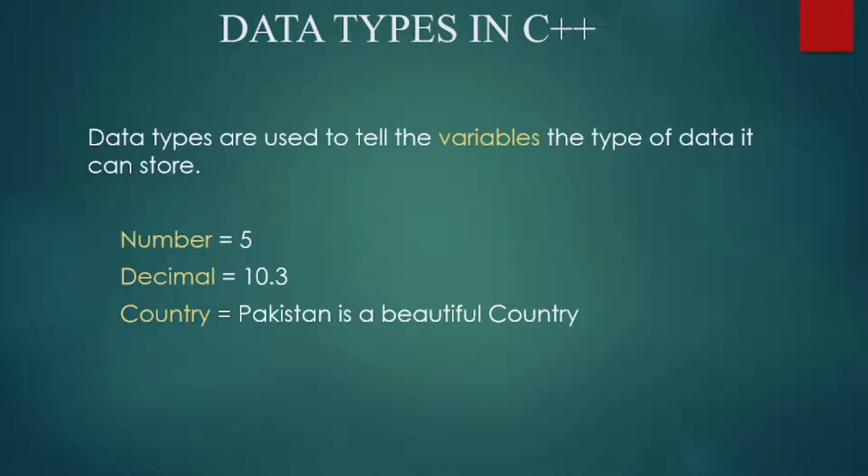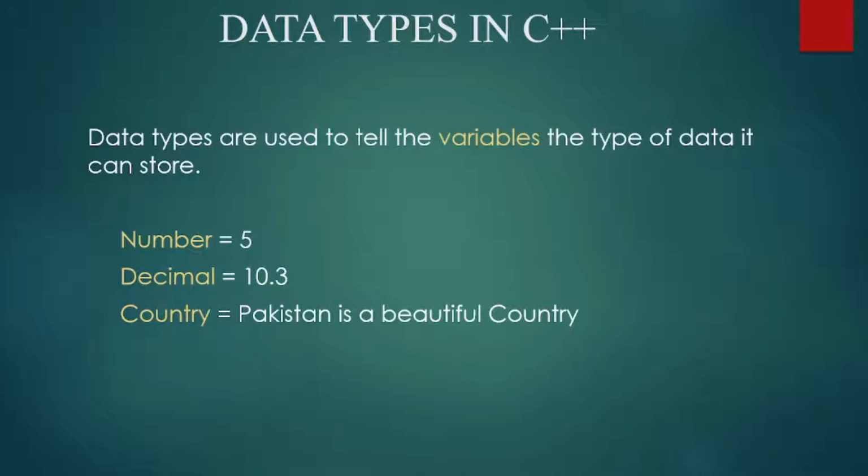So if your value is a number, it will create a different memory space for that variable. If your variable is holding a value like a sentence or a single letter, it will hold a different space for that variable.